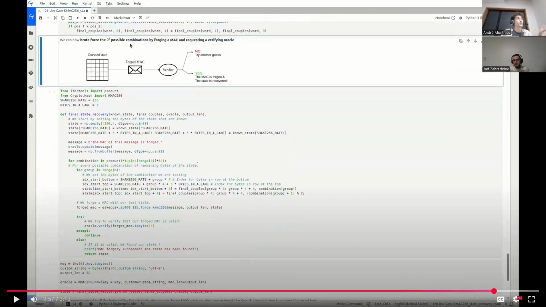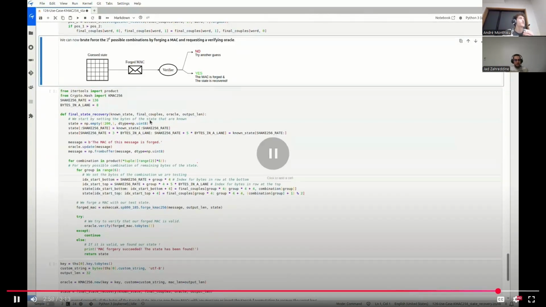So to move on to the brute forcing, what we do is we try every possible combination by guessing the states. We then forge a MAC and request a verifying oracle that either tells us no, in that case we need to try another guess, or yes, in that case the MAC is forged and the state has been successfully recovered.